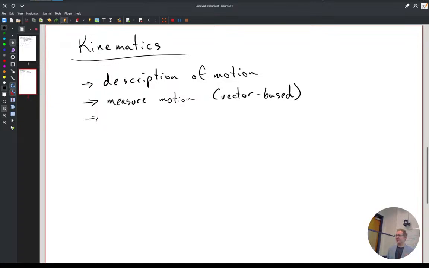So for kinematics, the general thing that we're describing here is the definitions and description of the geometry of motion. We know something's moving. How do we define that movement? Are we measuring it? Or do we have an equation? Like the kinematic equations, there's no force involved, right?